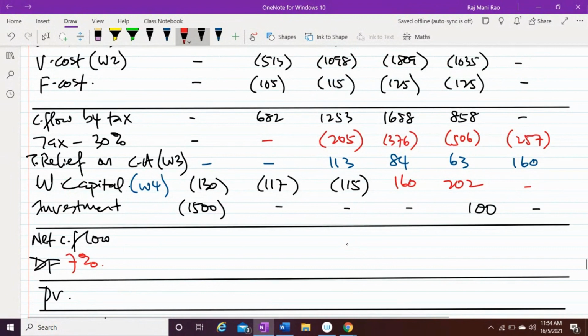So can I have the net cash flow now? So here will be 1630, 565, 1046. How much we have?